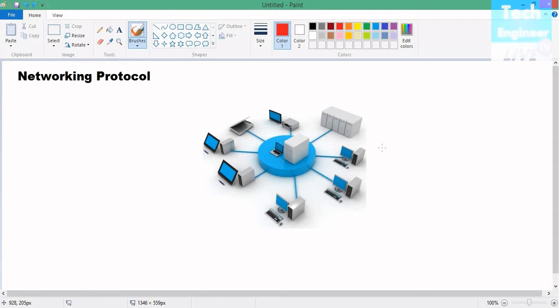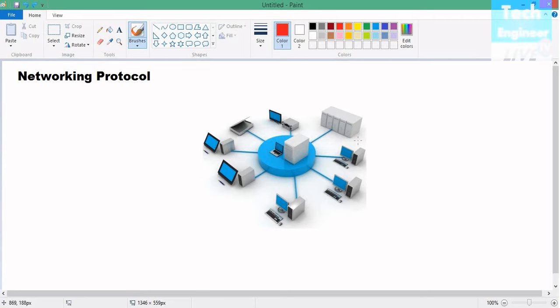That's the key, and that's the reason communication is possible. If I have a network and the receiving computer also has a network, but both are not able to understand each other's voice, each other's requests, then how will communication happen? That's the reason protocols are very important.